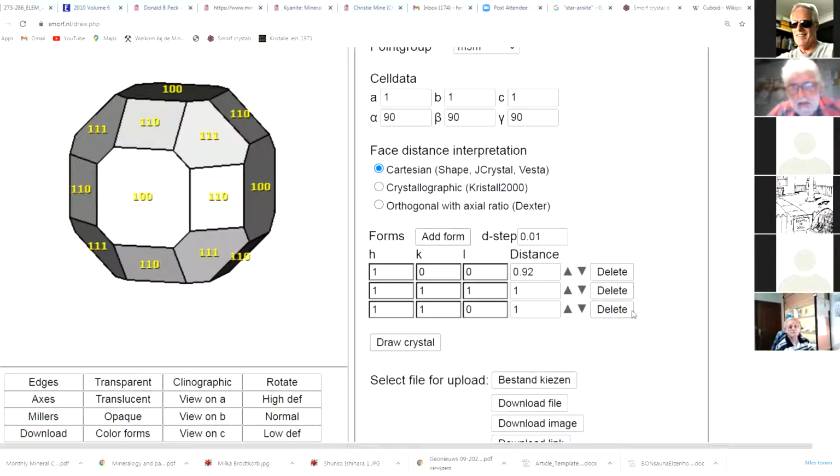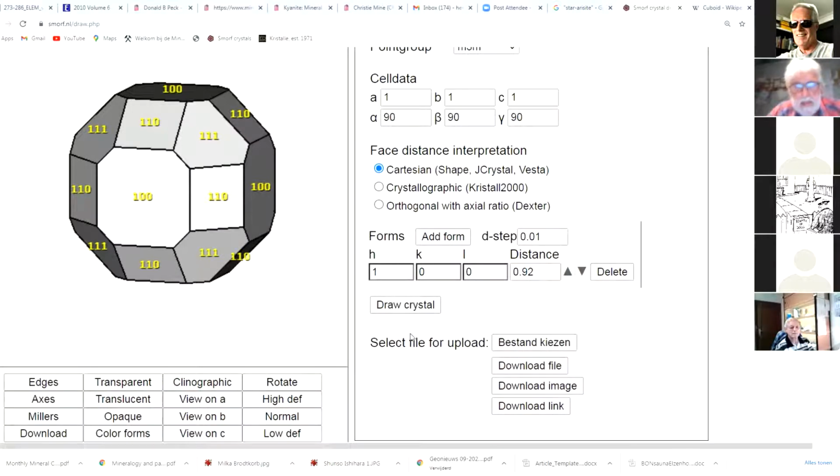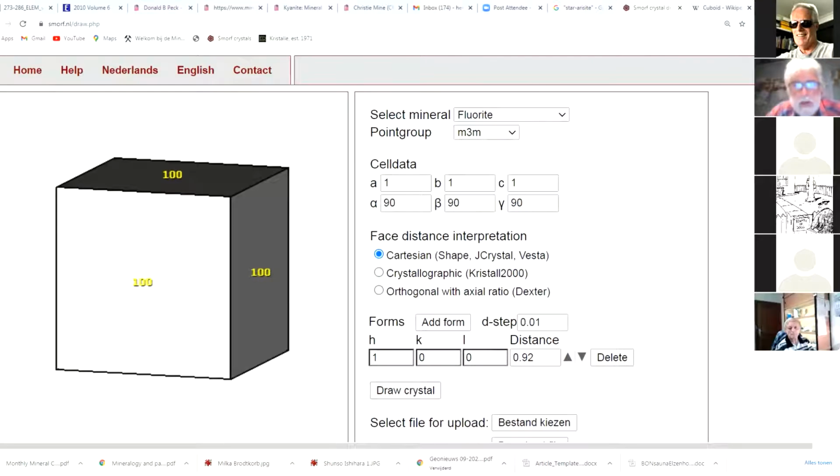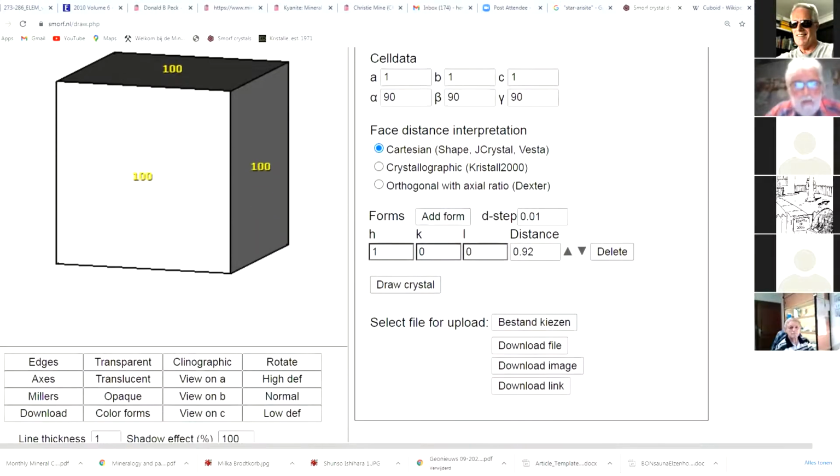All right, let's get back to the basics. And this is what we had in the beginning. So we added one form, being the 100 form. And for fluorite, because it was part of the isometric crystal system and had the most symmetry of all crystal systems, that one form was a closed form.